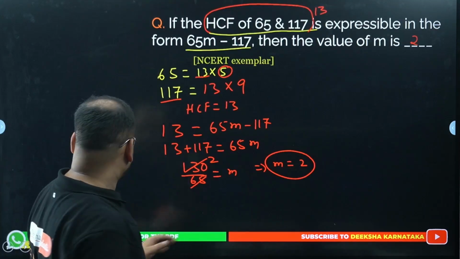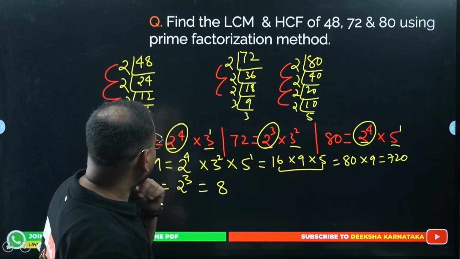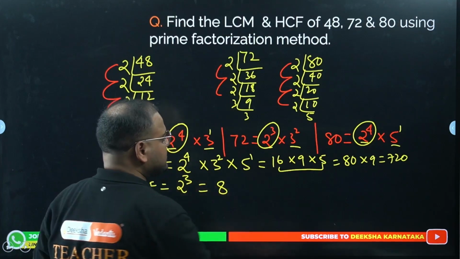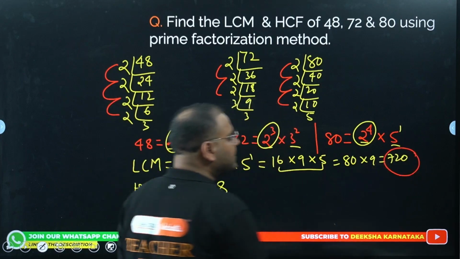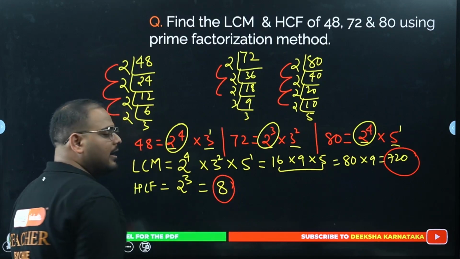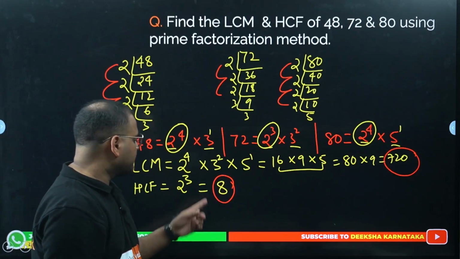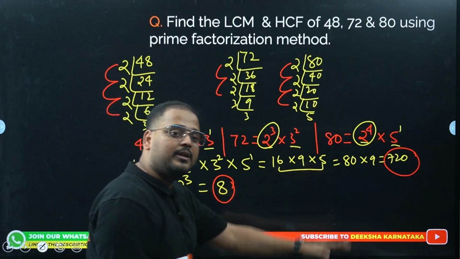Let's take a question that we have done. We'll take the same example. Take this number 720. This is the LCM. What is the HCF? 8. Can you see one thing? That 8 is also a factor of 720.